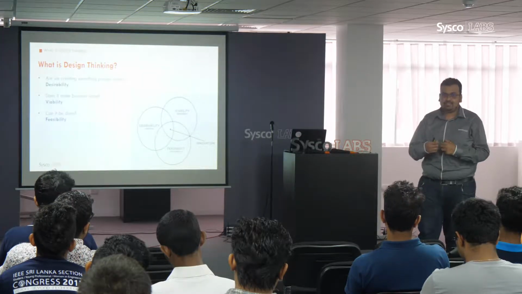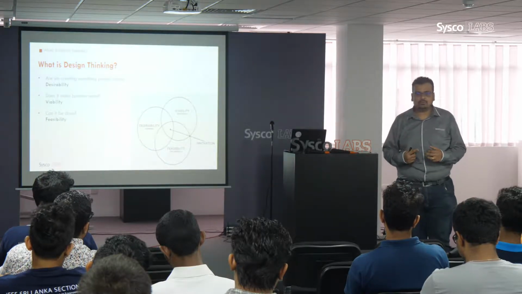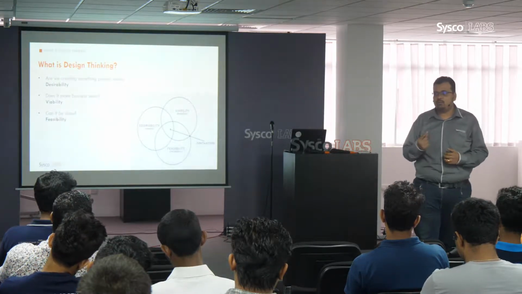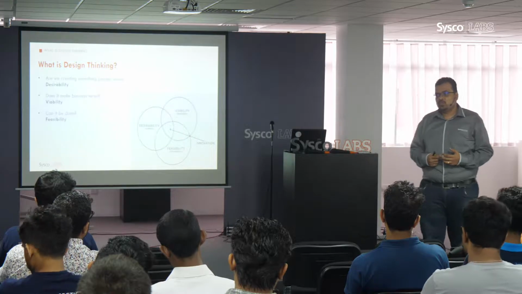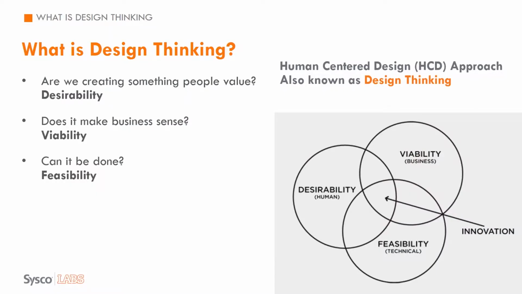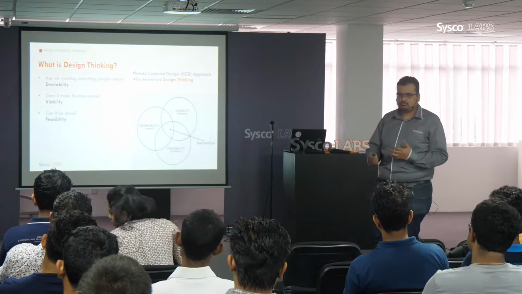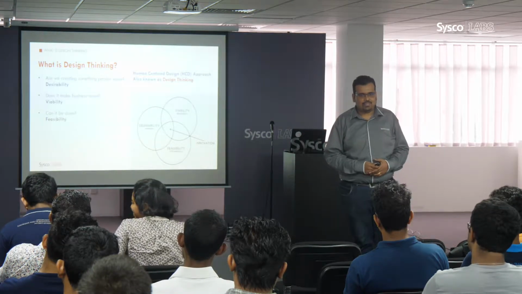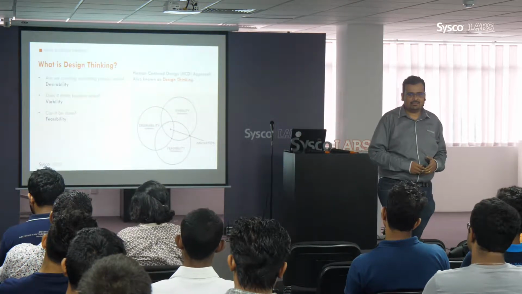You put all these 3 things together, and the common area where they overlap is innovation. If you have all these 3 things, we can call it a human-centered design approach, which in other words, we call design thinking. So are we clear on the basics, what is design thinking?